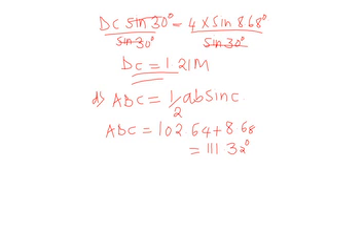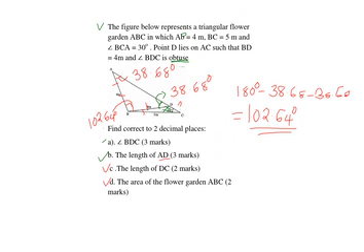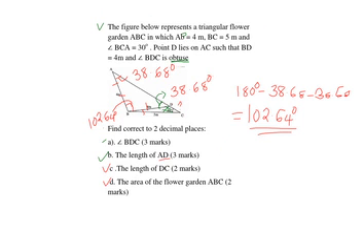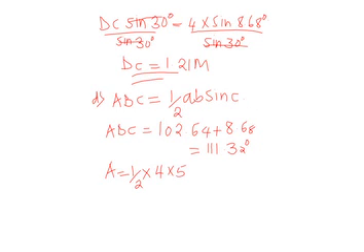So the area will be equal to a half multiplied by AB, which is 4 meters, multiplied by BC, which is 5 meters, then multiplied by the sine of 111.32 degrees.